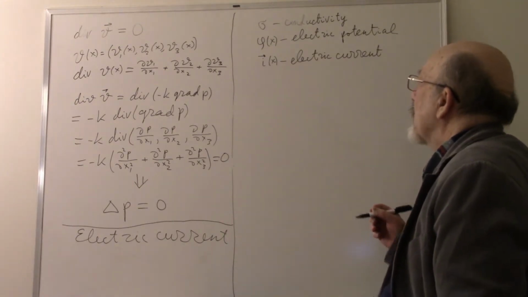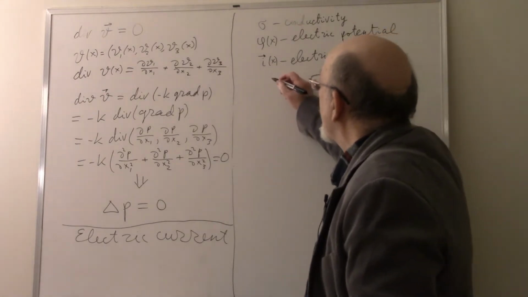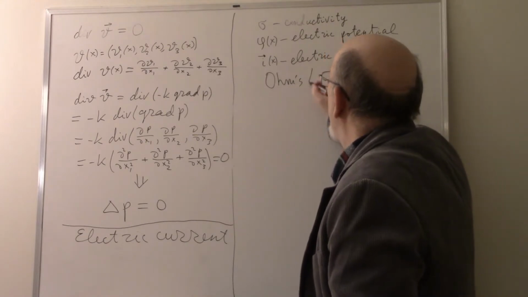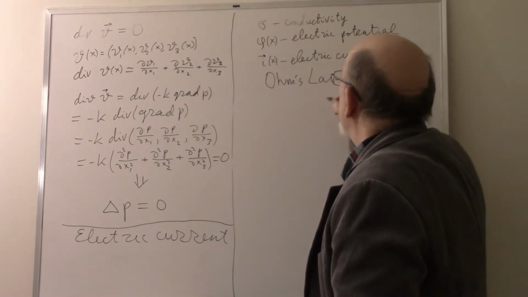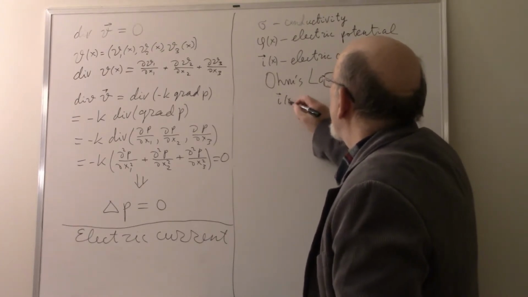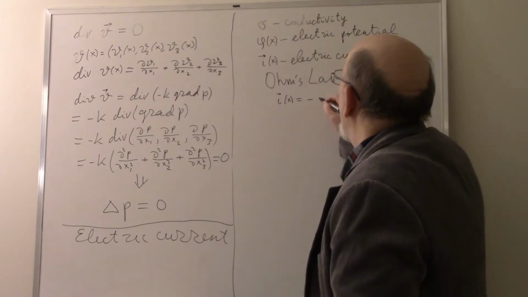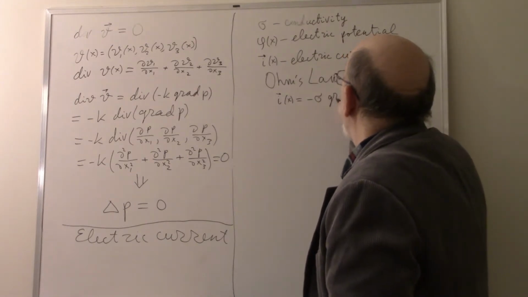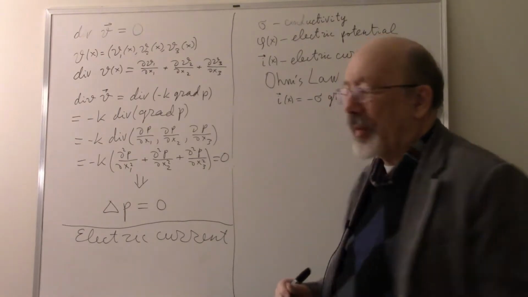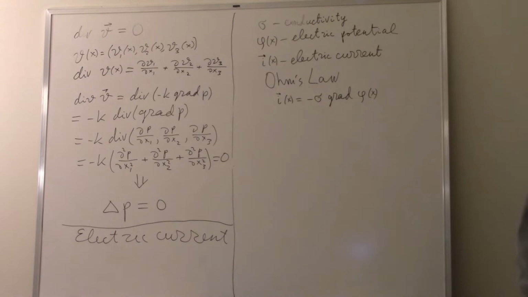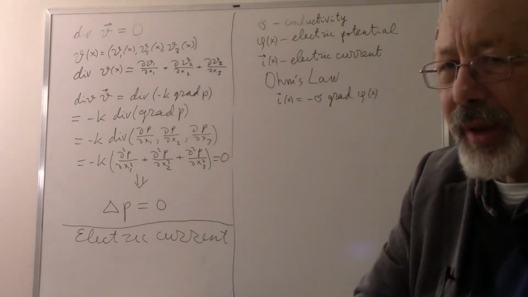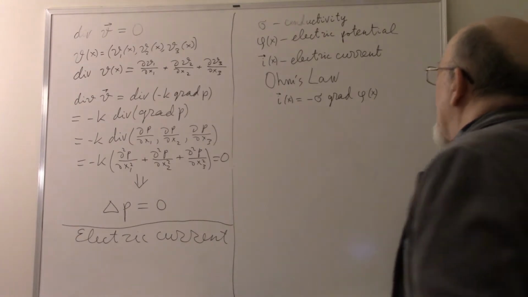And here we have also two relations. First, Ohm's law, which says that I of x equals minus sigma gradient phi of x. Yes, so the charge flows in the direction of decrease of the potential.